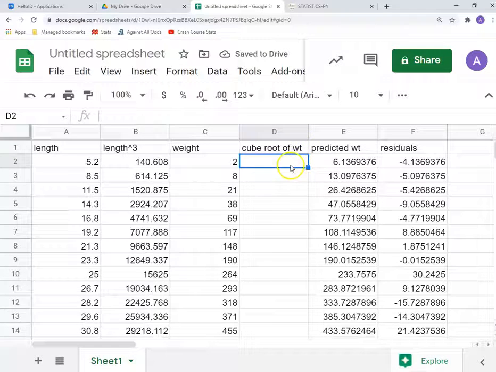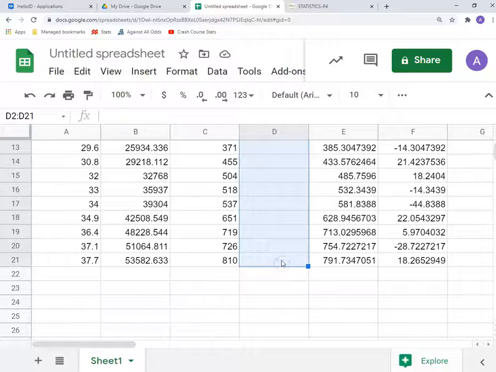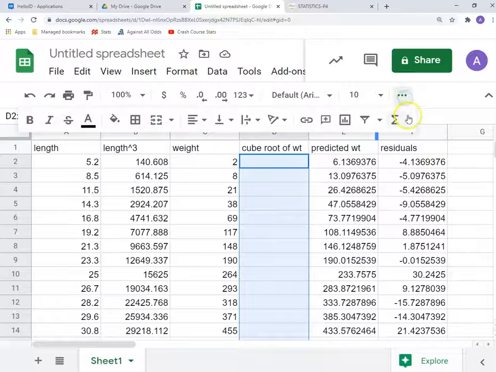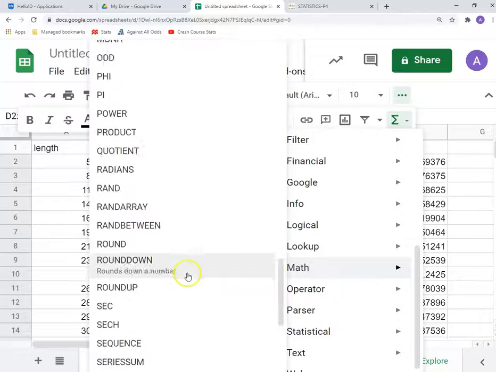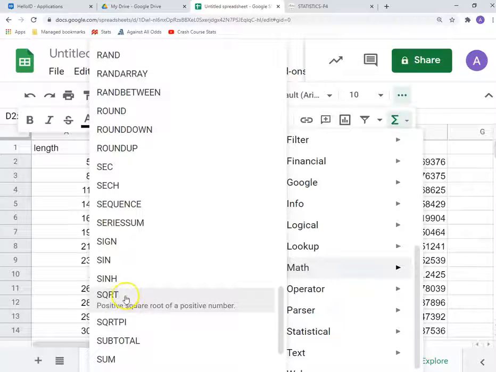So if you're doing a cube root or a square root, they don't have those in the functions. Actually, hold on, I lied. They have square root under function. So if you go to math, square root is right here, SQRT. That's a square root.